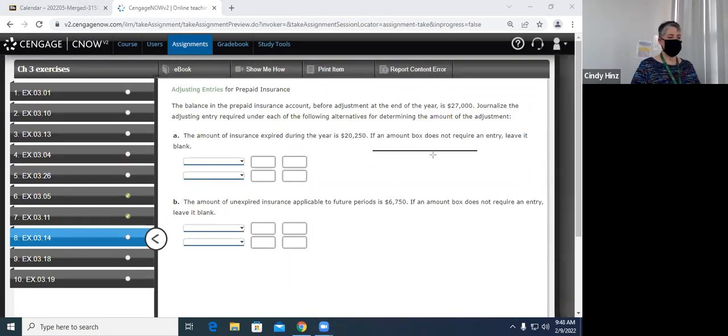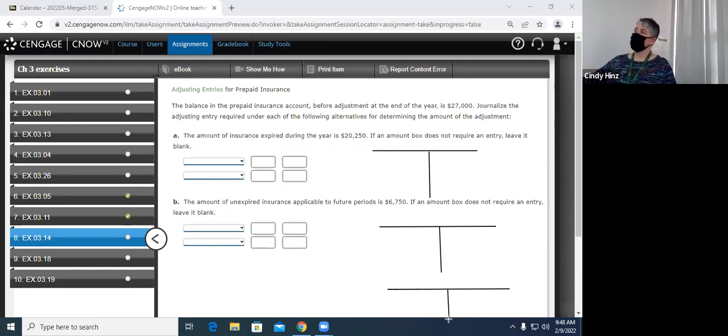Because the insurance is going to benefit us from more than one period, at the time we pay for the insurance, if we're not paying month to month, we would record it as an asset on the balance sheet and then gradually move it off the balance sheet and onto the income statement as an adjusting entry.